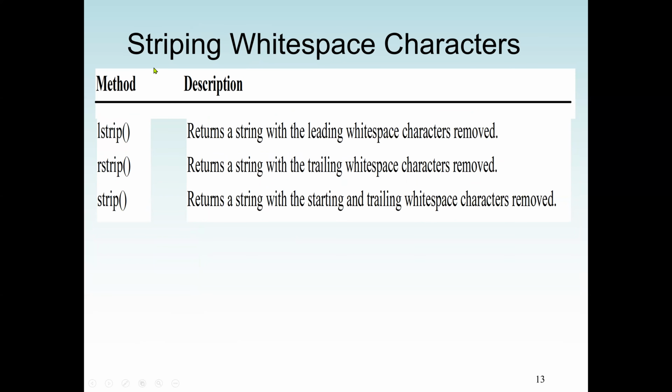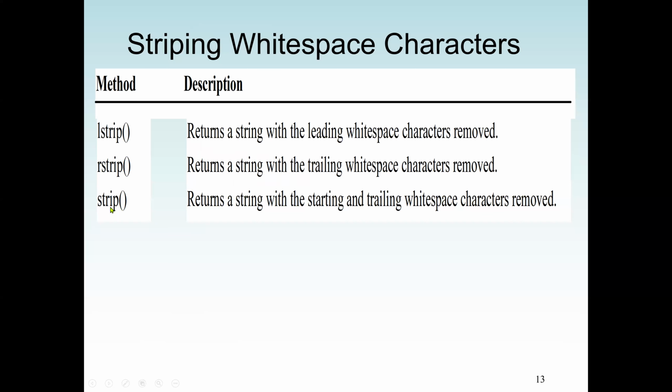We also have stripping the white space characters. As we said earlier, we have a method called strip. We have lstrip, which returns a string with the leading white space characters removed, because it's left. Then rstrip, which is right strip, will return a string with the trailing white space characters removed, that's to the right.